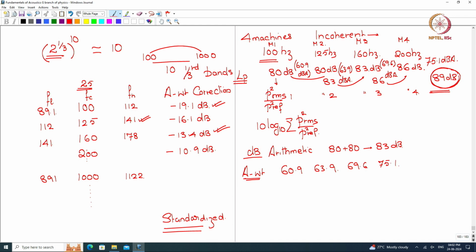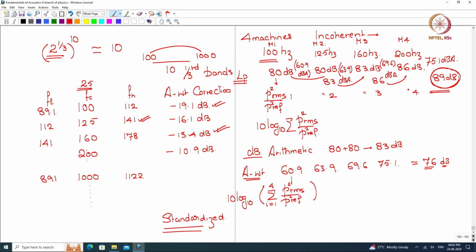Now if we add this up, it is approximately 76 dB, 76 point something. Here again we do the dB addition. We get this back to P square RMS by P square reference, 1, 2, 3, 4, we sum them up and then we subject it to 10 log to the base 10 and so forth.